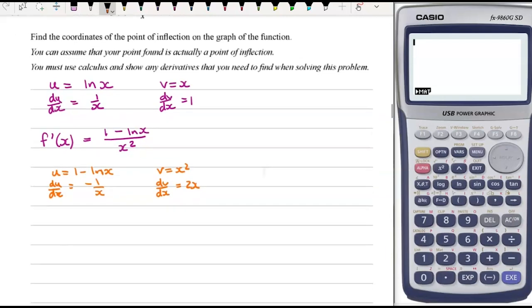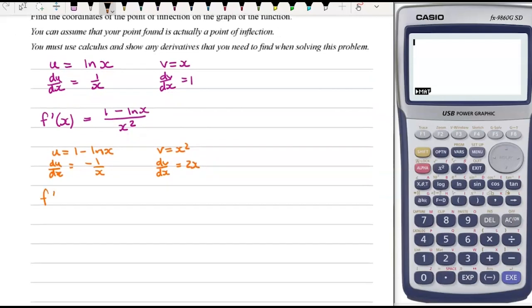So the second derivative is to do v du by dx, so x squared over x minus 1 over x is going to be minus x. Then minus u dv by dx, so that's 2x times 1 minus log of x, all over v squared, which is x to the 4.